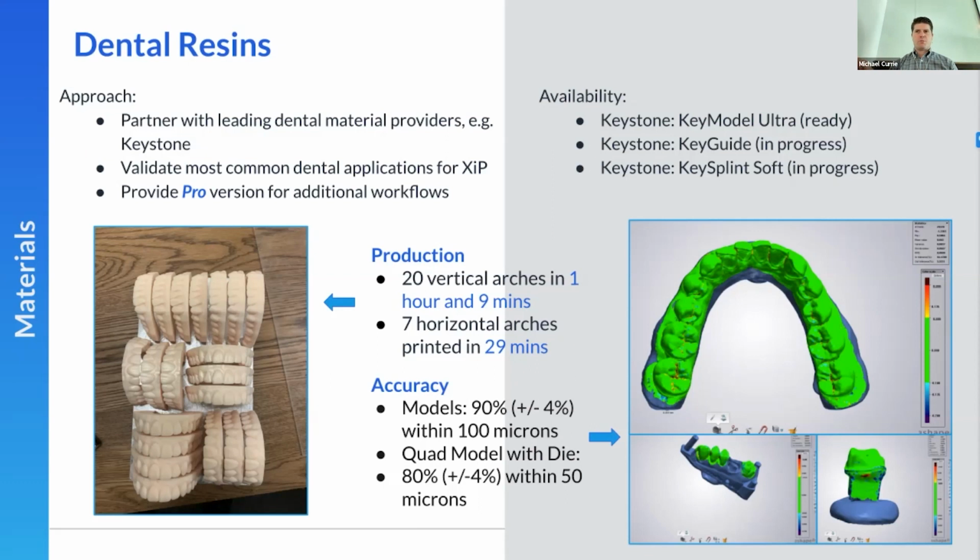From an accuracy perspective, we're showing 90% accuracy within 100 microns for a model across the entire surface of a full arch, and 80% or greater for a quad model with a die. Those are all within the clinical required accuracy for those applications. I'm really excited about that.